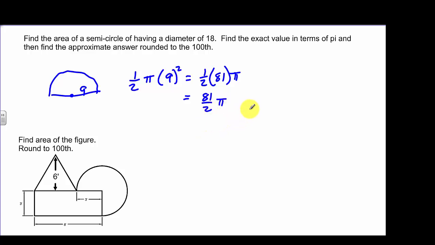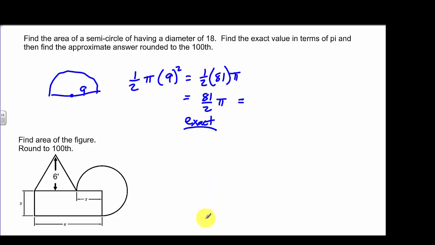But then it says we're going to find an approximation for that answer. This is exact. In other words, it has the pi in it. There's no rounding and there's no decimals. And then to find the approximate value means we're going to pop that into a calculator.